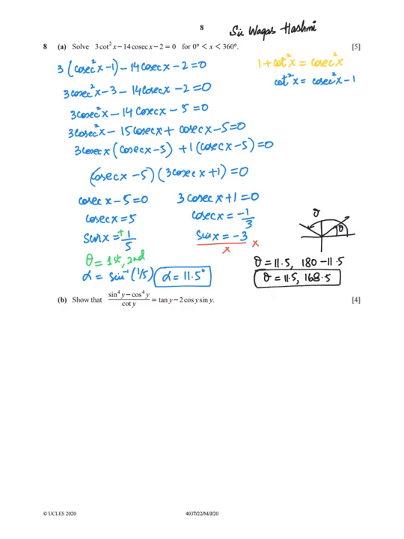In part B, it says show that sin^4 y minus cos^4 y divided by cot y equals tan y minus 2 cos y sin y. So I am going to pick the left hand side, and I will prove it equals the right hand side. The left hand side is sin^4 y minus cos^4 y divided by cot y.